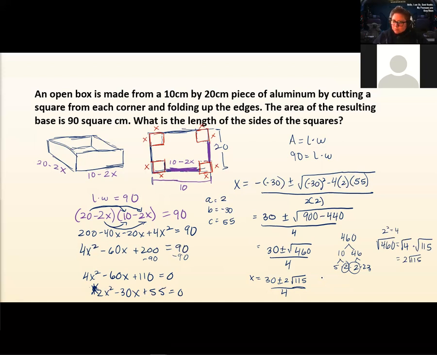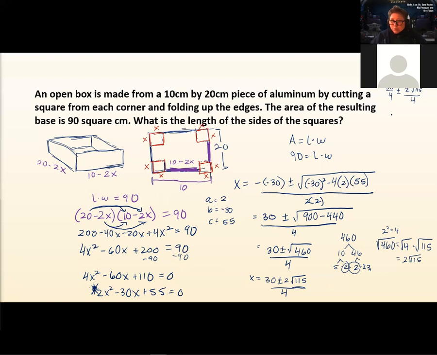Yeah, so the way that you would do this safely so that we don't make any mistakes, and I'll do it up here, is you would rewrite it as 30 divided by 4 plus or minus 2 root 115 divided by 4. And then you can reduce these.